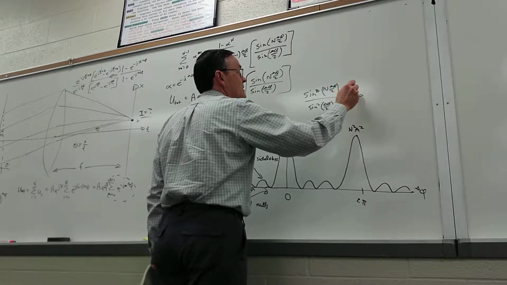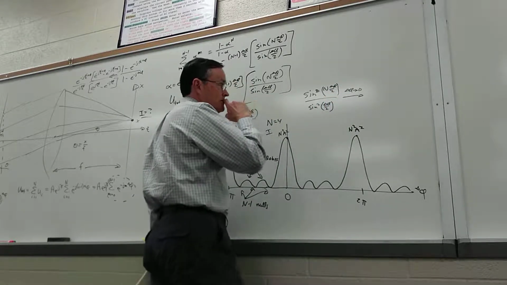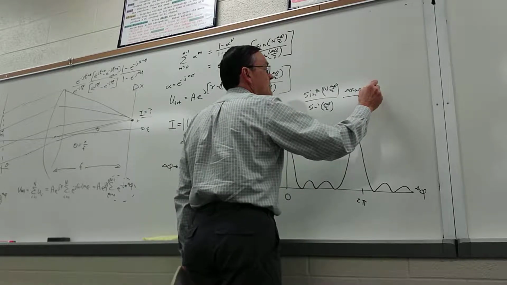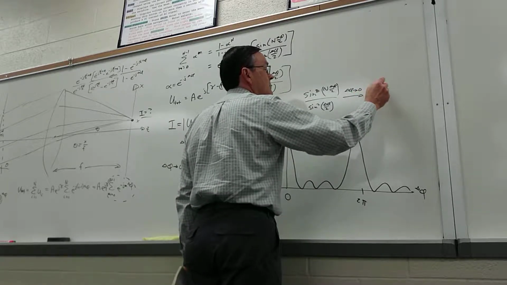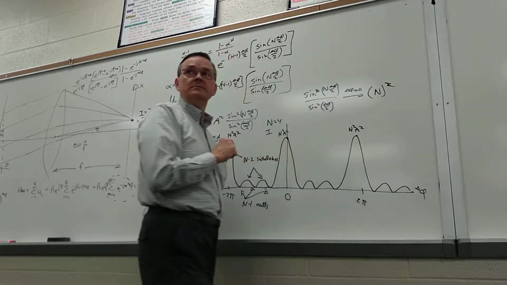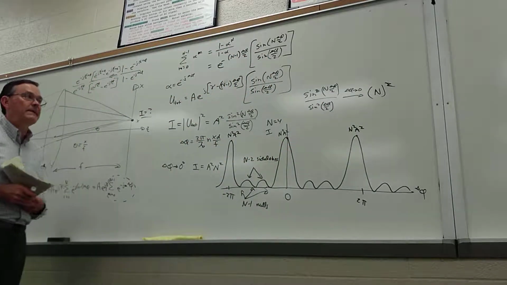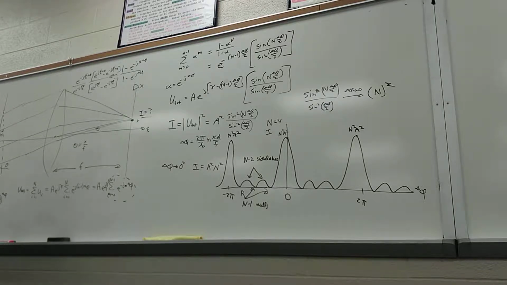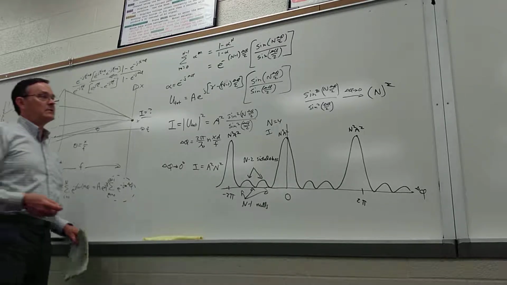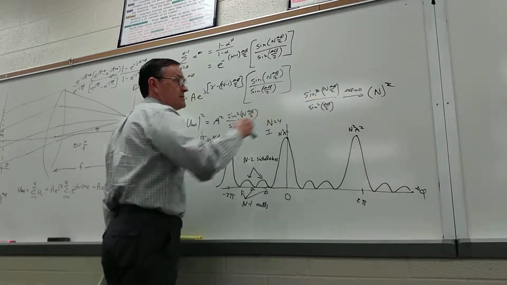As delta phi goes to 0, this goes to n quantity squared. Oh, yeah, because it's 0 over 0. Which is a L'Hopital's rule thing. You can analyze it with L'Hopital's rule, which basically just means expand the sines in terms of their series expansion, drop the higher order terms, just keep the first order term, which is valid when this is getting small, and then that just falls right out.